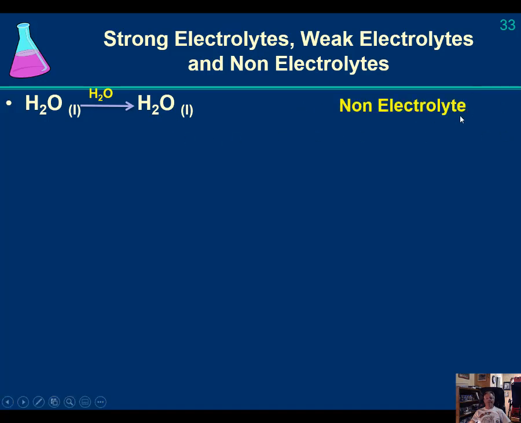So non-electrolytes, those can be driving forces. So if you see water on the product side of a reaction, it can be a DF, a driving force for a reaction, not necessarily a precipitation reaction.